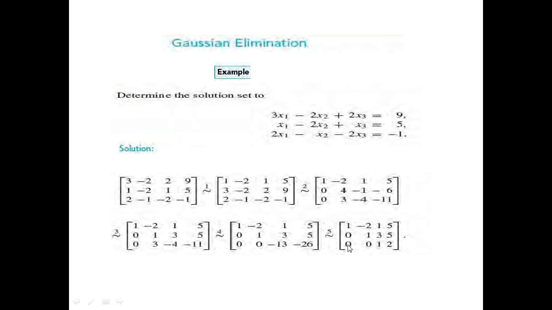reduced echelon form. So the system of equations, now we have x1 minus 2x2 plus x3 equal to 5, x2 plus 3x3 equal to 5, x3 equal to 2, which can be solved by back substitution.